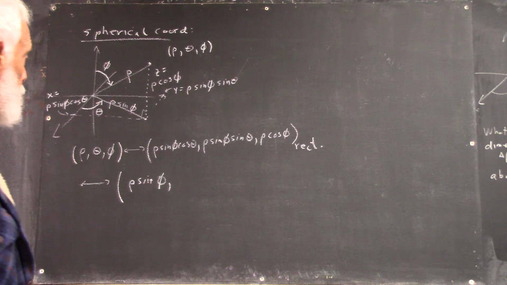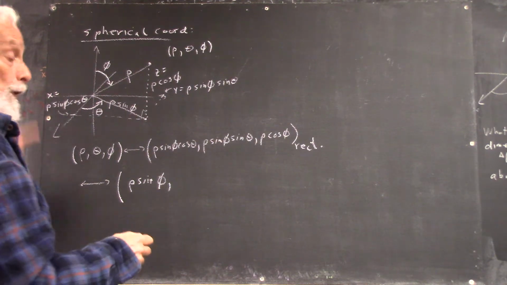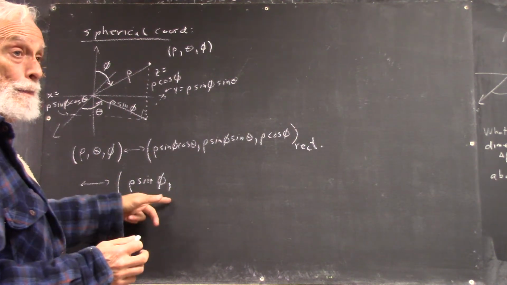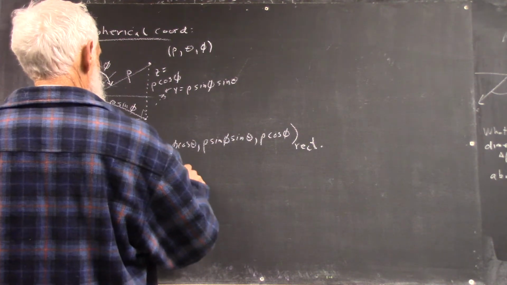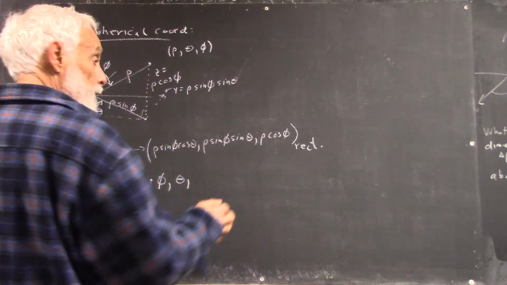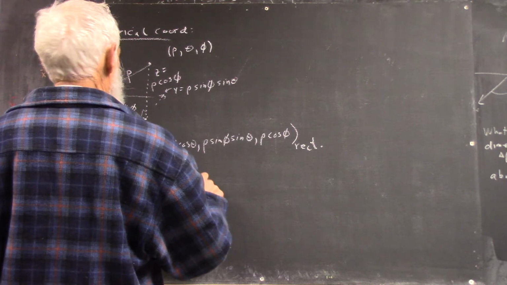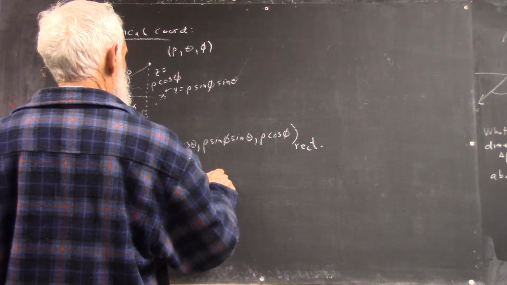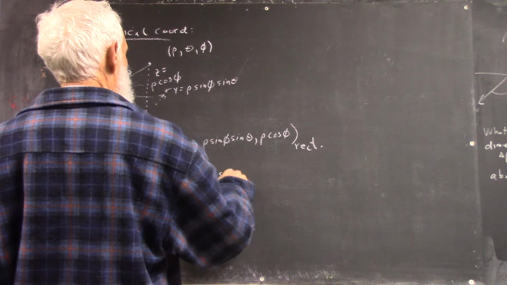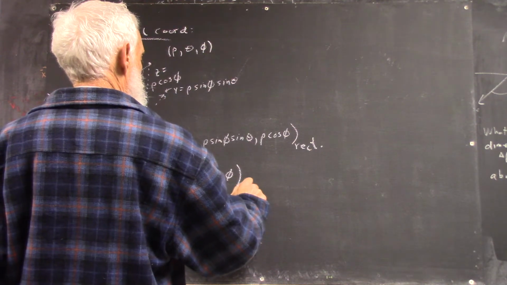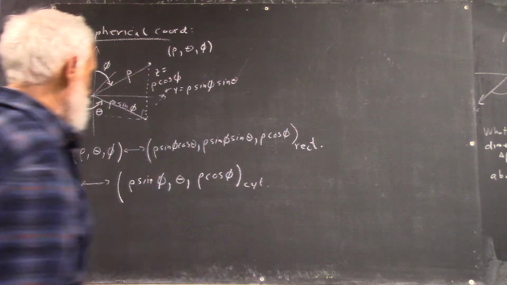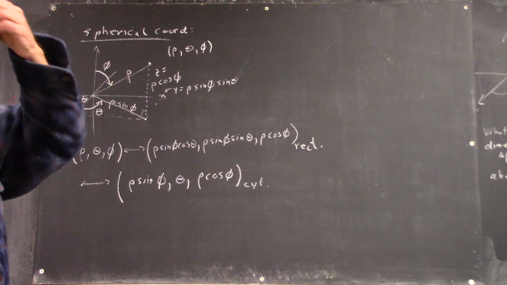And theta is just theta, same thing. And z is just rho cosine phi. And that's just all simple right triangles.